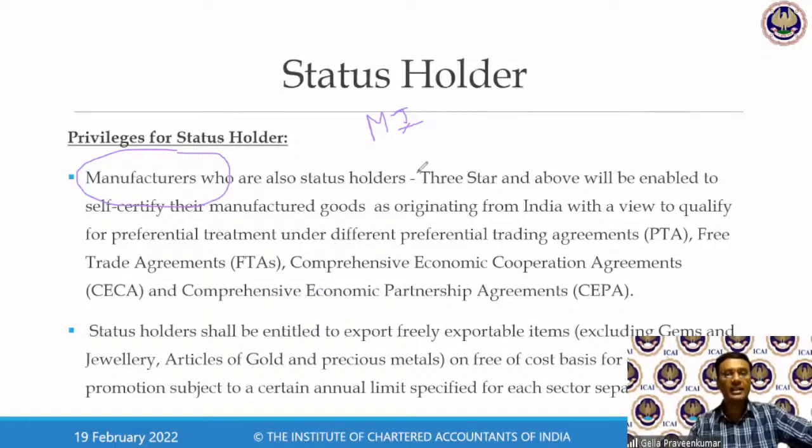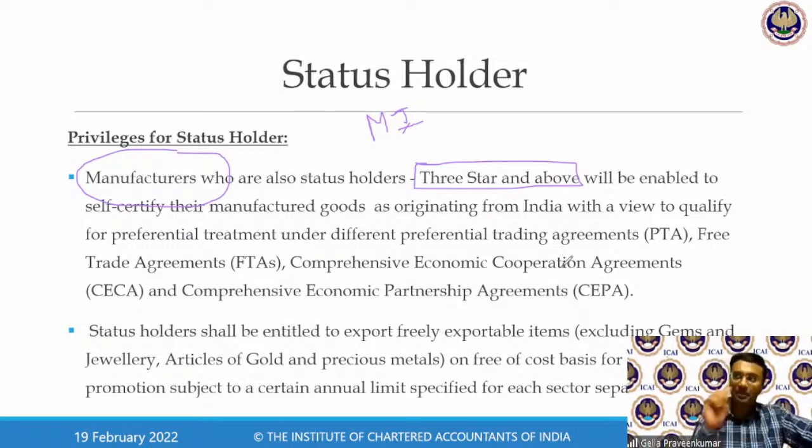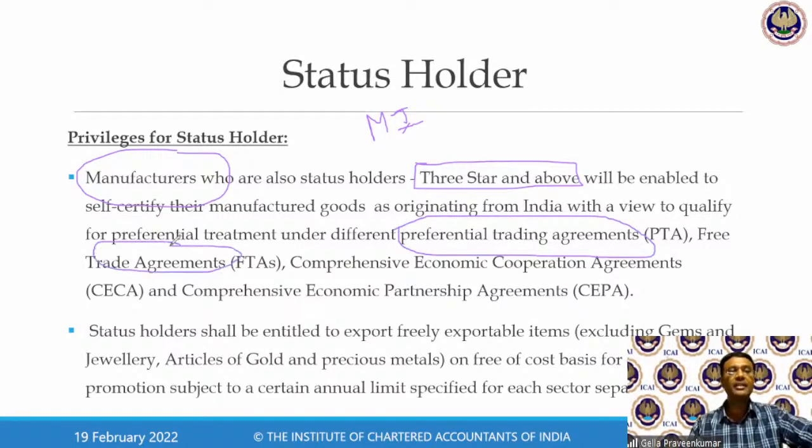Based on that, people who have 3-star and above get a self-certification process for their manufactured goods. It means I, as a manufacturer, can put Make in India on my boxes. All my documentation will also have Make in India. These are goods originating from India, and they get a preferential trading agreement for the clearances, free trade agreements for the purpose of formalities in the other nation.